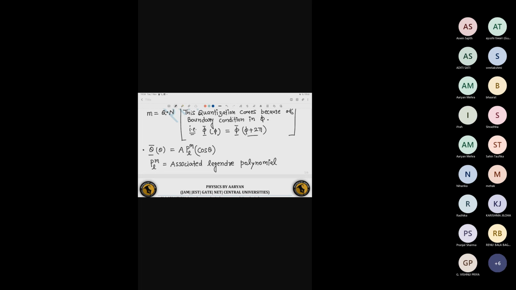That much derivation you have to do to come to this solution, but we don't care about the derivation, and in fact we also don't care what the theta part is. But let's read it out. Our theta part is in terms of associated Legendre polynomials. A is a normalization coefficient.